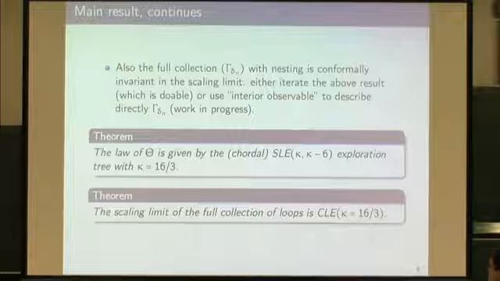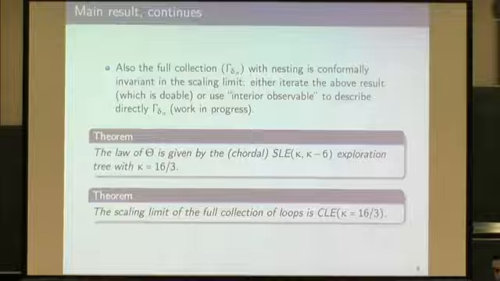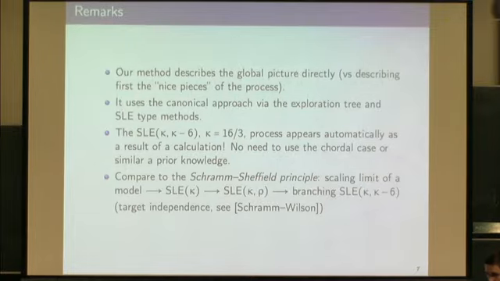But especially you can interpret this way that the scaling limit of the full collection of the loops is what you would expect based on this conformal invariance assumption, that is the CLE with kappa equals 16/3. And here are some remarks on this result, so how to put it in perspective.